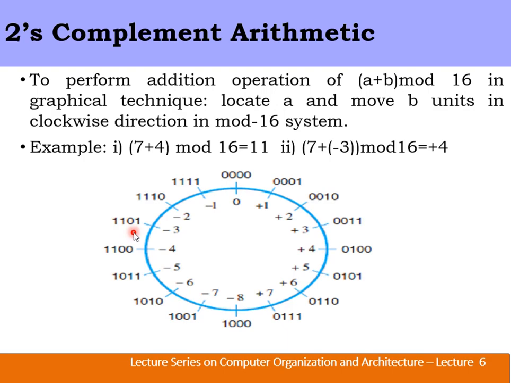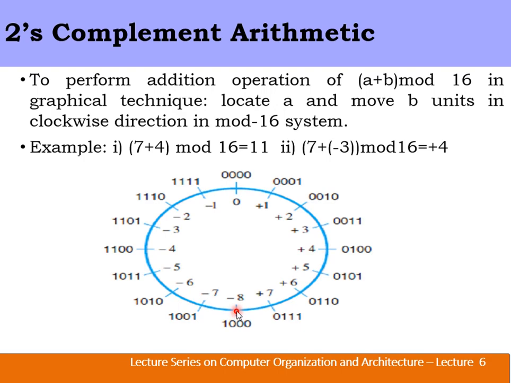So now you move 13 number of units in a clockwise direction starting from the number 7, that is 0 1 1. So you be at 0 1 1, then move for the value 1101, that is 13, in a clockwise direction. So 13 means this is 1 2 13 number of units. So we have to move for 13 number of units.